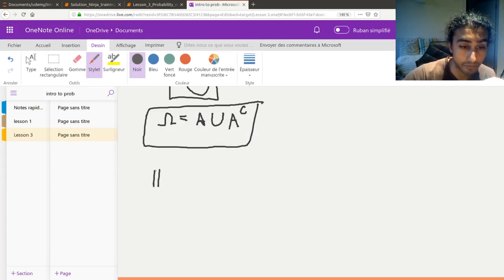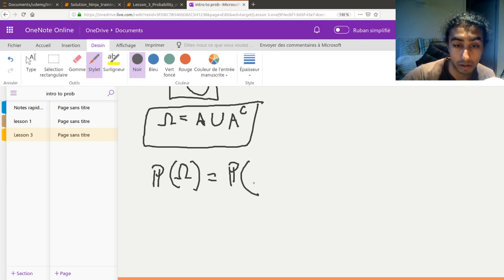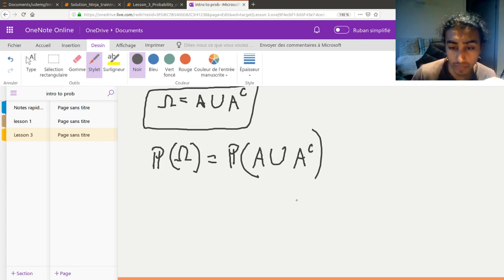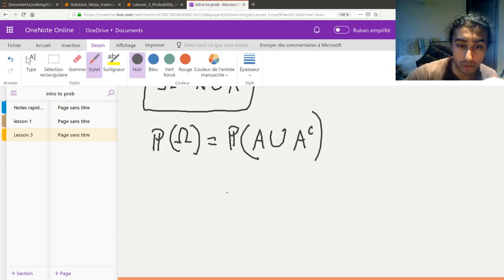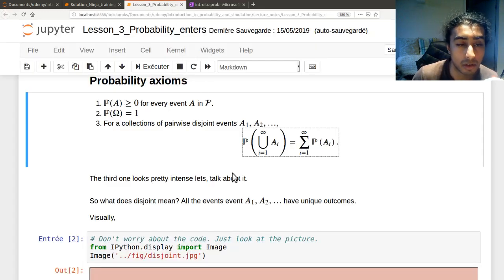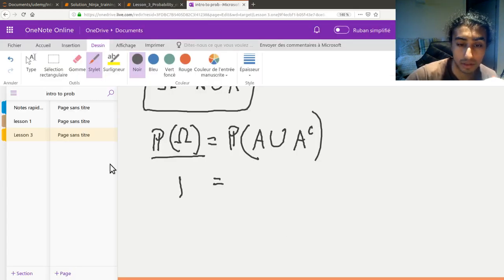So the probability of omega equals the probability of A union A conjugate. Cool. We know this is 1. Remember this from axiom 2. The probability of omega is 1.